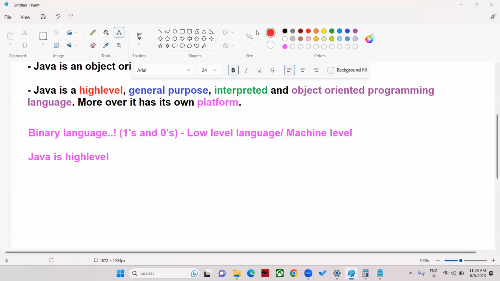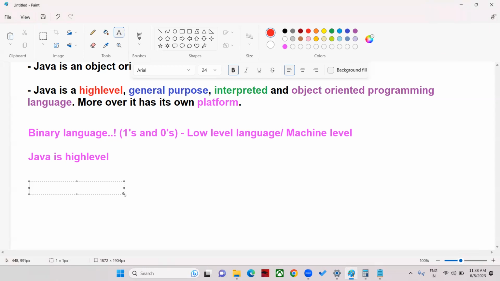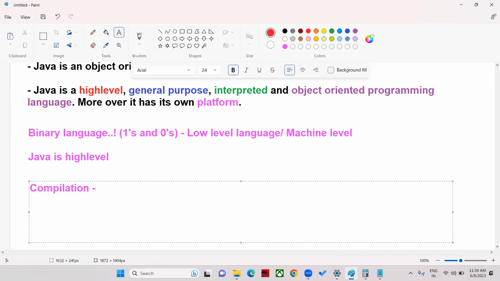If I write code in a high level language, how does this machine understand that particular language? Compilation. We have to compile that high level to low level.